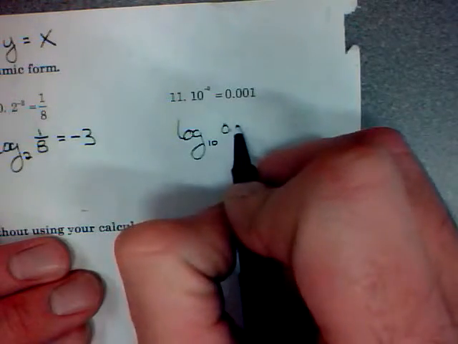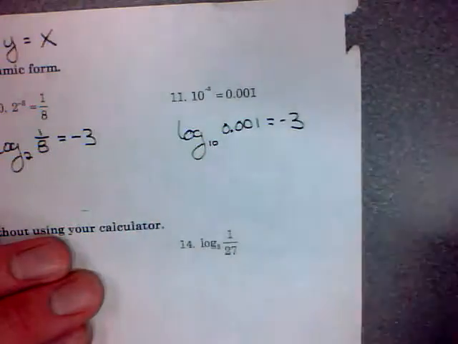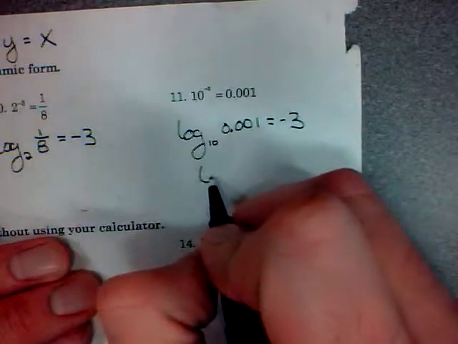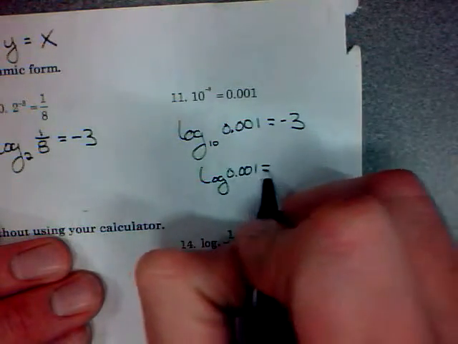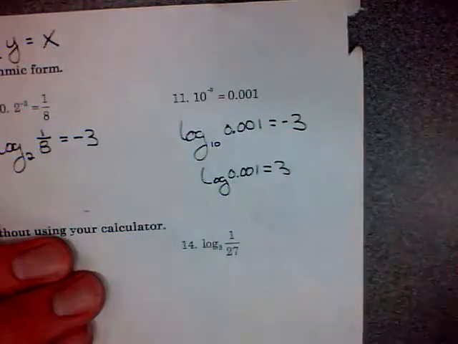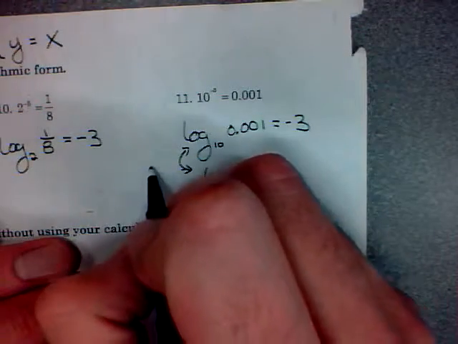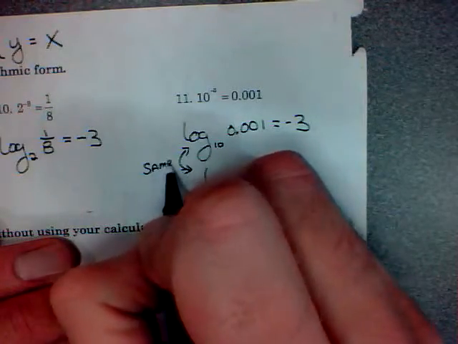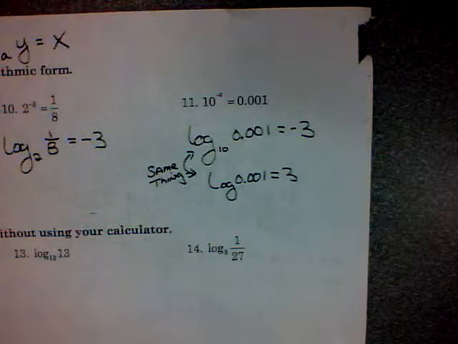Your answer is 0.001 equals your power, which is -3. And again, you could write this as log of 0.001 equals -3. It's assumed that that's base 10. So these mean the same thing. Okay? Means the same thing.